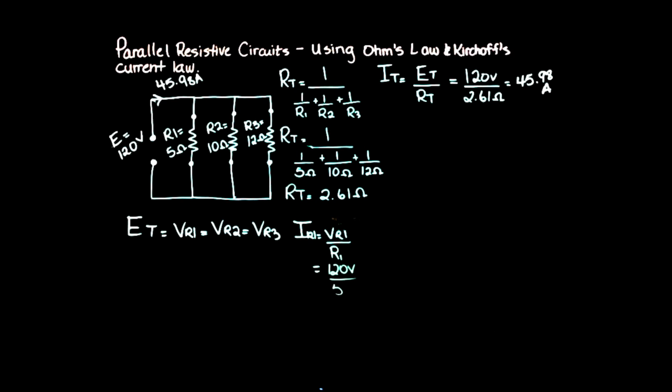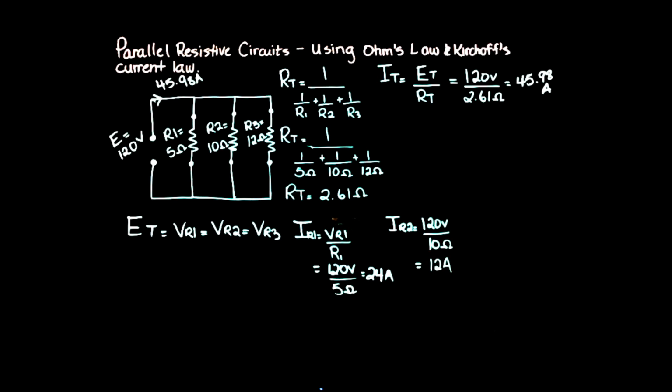Divide that by 5 ohms of resistance, gives us 24 amps of current. We'll do the same now across the second resistor. So again, 120 volts is the constant, divided by the resistance of the second branch, which is 10 ohms. And that gives us a value of 12 amps of current.